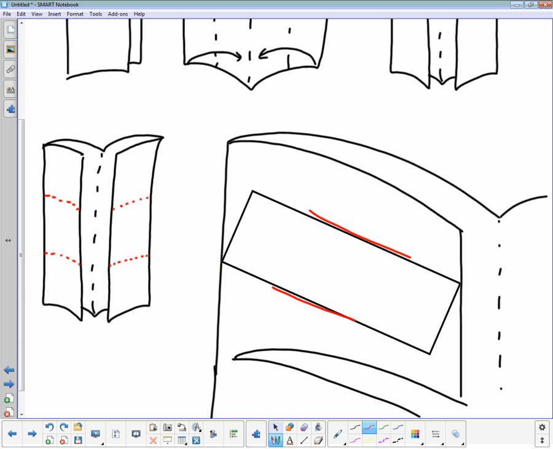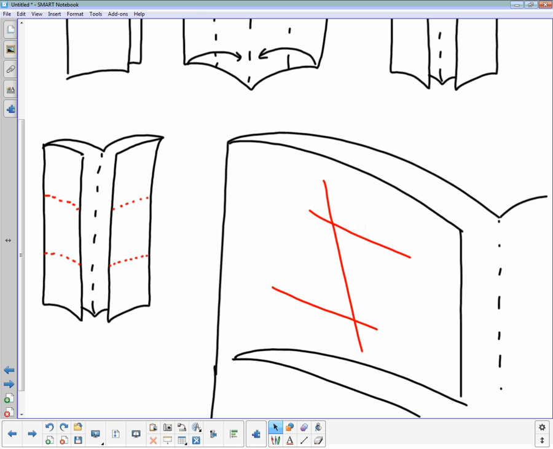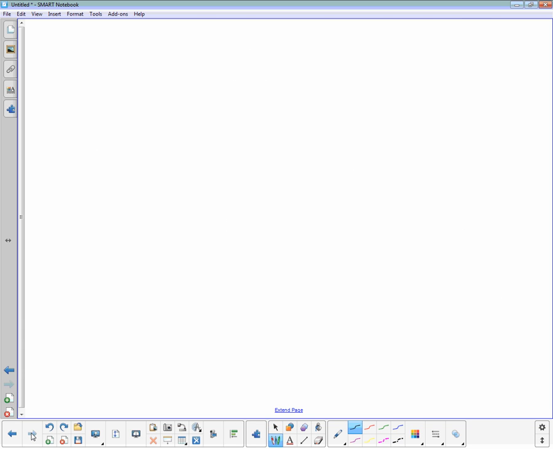Put one line above, one line below, like that. See it? And then put a transversal through it. That's me blowing up one window, one little picture of it. So you cut it into thirds, 1, 2, 3. So when you're done, it should look like this.